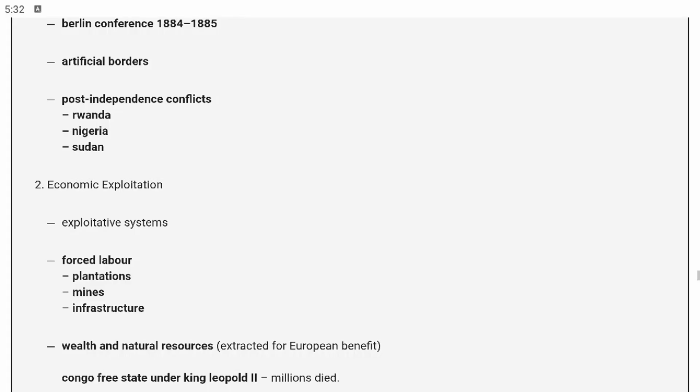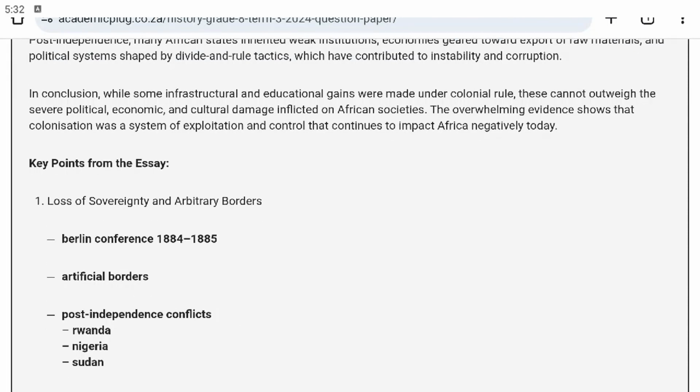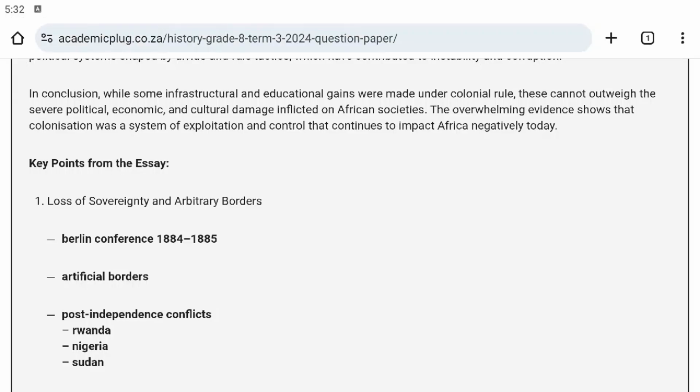Here under the Berlin, the Berlin Conference is one of them. Artificial borders is also one of them. Under post-independence conflicts, Rwanda, Nigeria, mentioning those countries is what's required, right? You're only required to mention the countries that were affected by post-independence conflict.